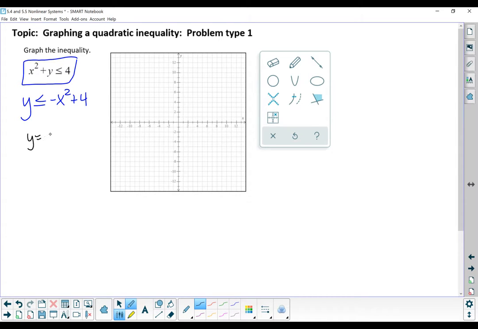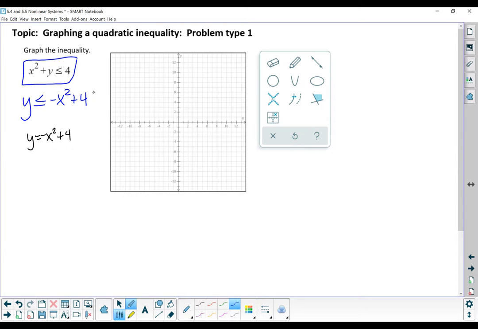So we're going to graph y equals negative x squared plus 4. What's different between this inequality and this equation is that for the inequality we need to shade. We're finding not a particular solution value or a particular graph, but a region, the whole region of the coordinate plane where y is less than negative x squared plus 4.